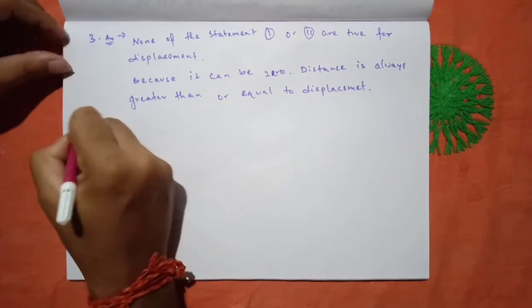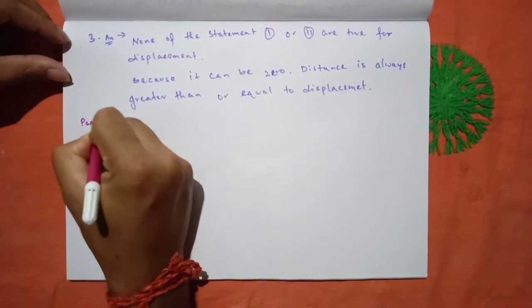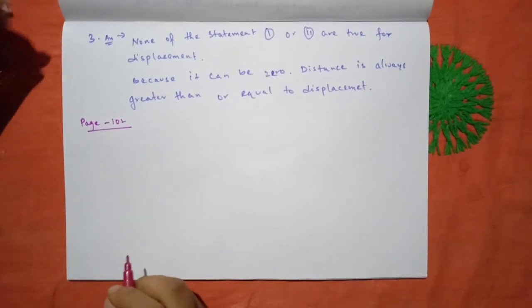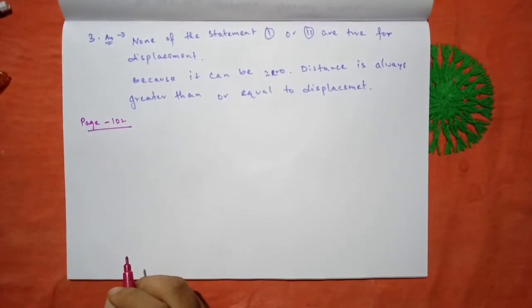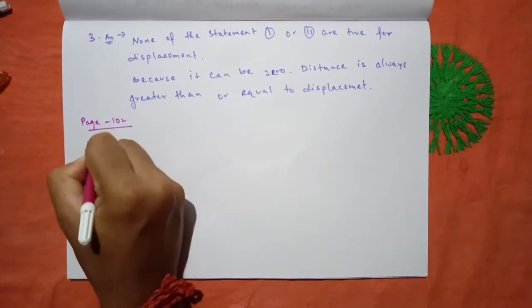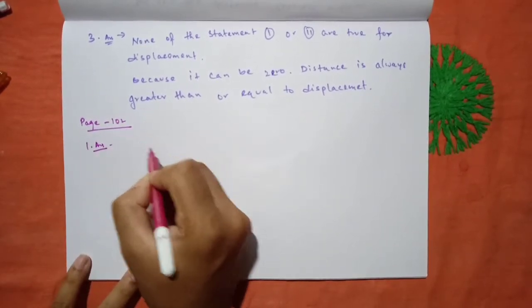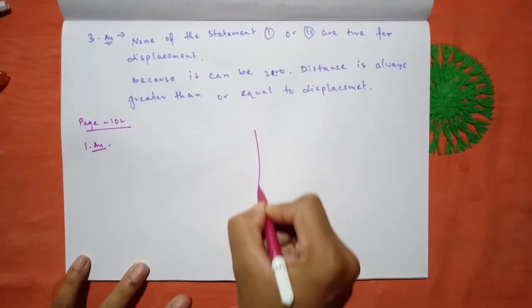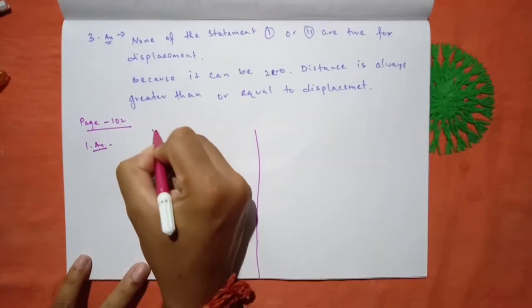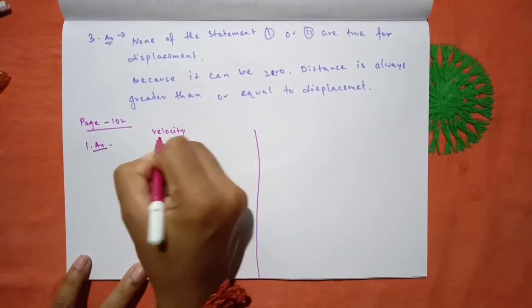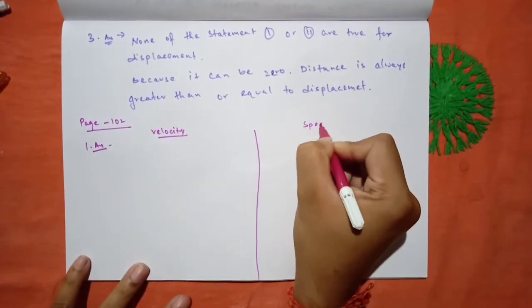so now the next page questions, which is page number 102. Here the first question is asked that distinguish between speed and velocity. So there are many points between velocity and speed.